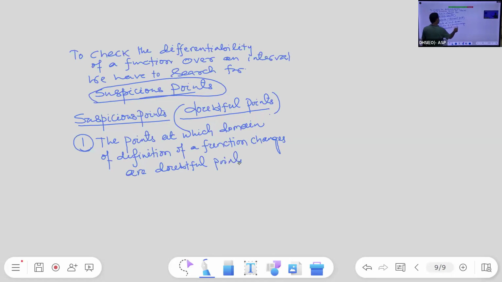At these points, we have to check the differentiability of the function.